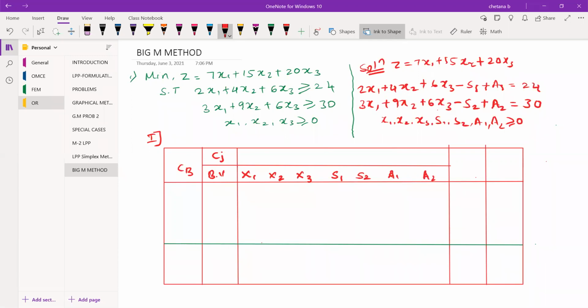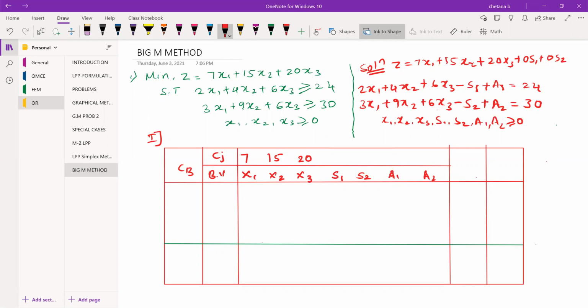Now the coefficients of the objective function with respect to the decision variables are 7, 15, 20. Next, for this you need to take 0 s1 plus 0 s2, and for the artificial variable you need to consider the maximum coefficient.